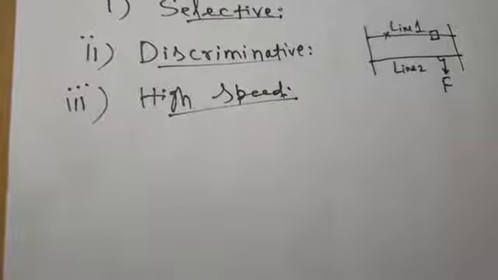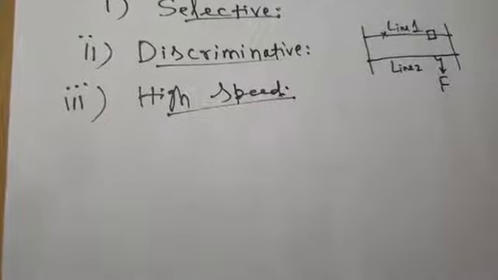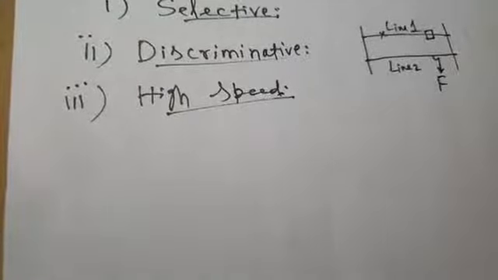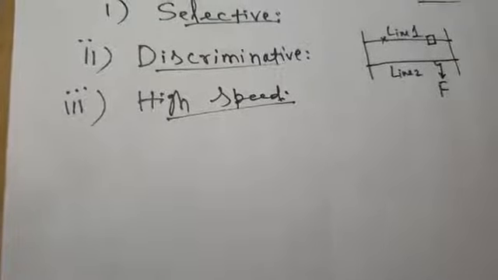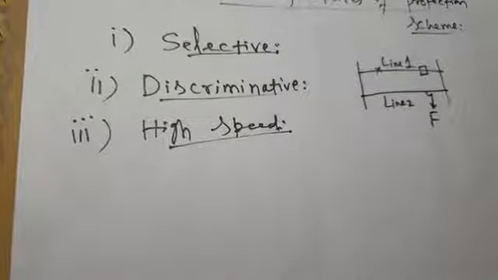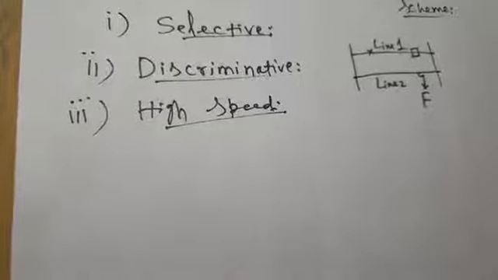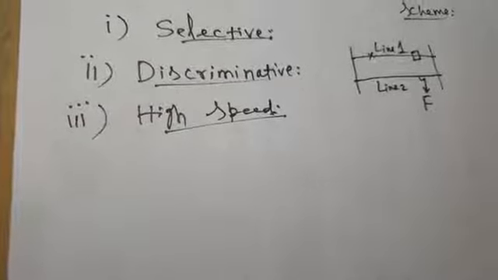Transients are temporary malfunctions. Whenever a transient occurs, it may be there for a few milliseconds, a couple of milliseconds or so, or even less than that. So if our protection scheme is very, very fast, then it may operate even for transients, and that is not desirable. It should operate only for faults, not for transients.